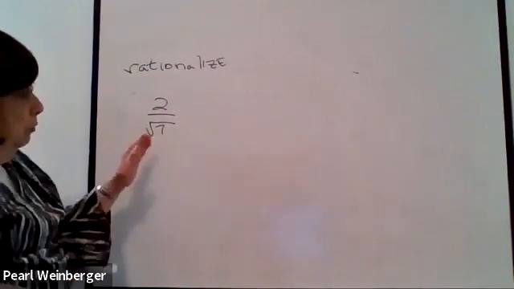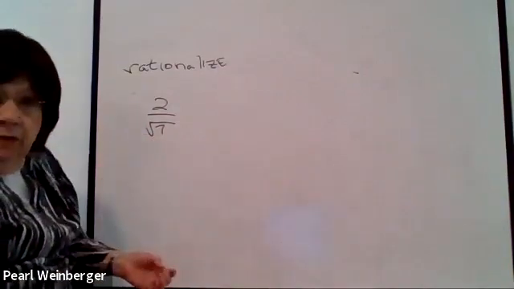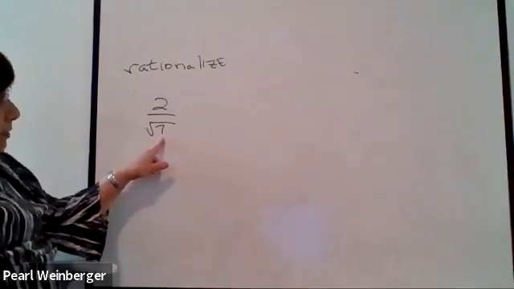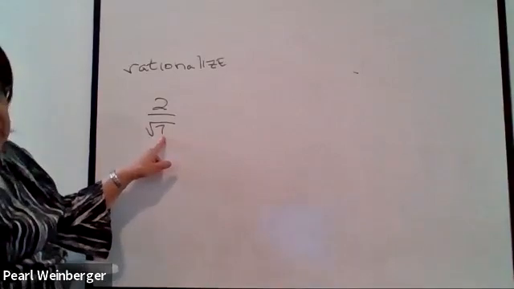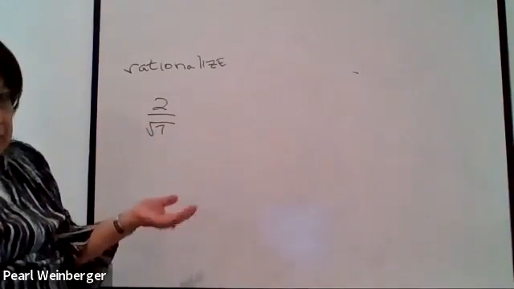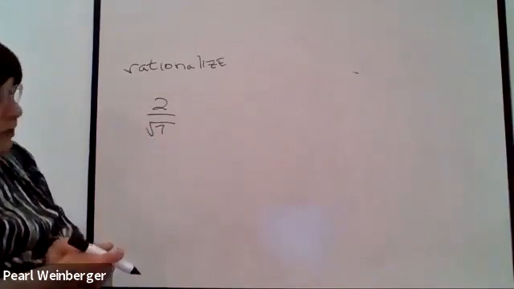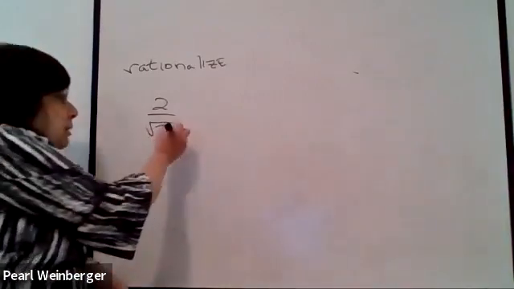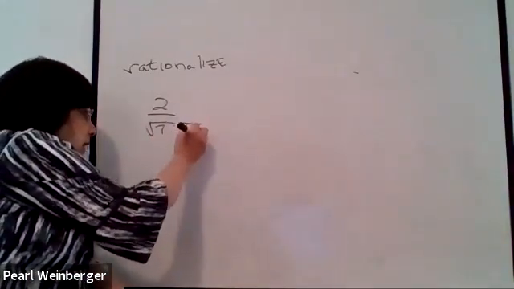Now, what should I do with this? You can just multiply it by the denominator, basically, on both numerator and denominator. Right. I look at my denominator. I can't simplify it any further. The 7 I can't get down to less, but it's still a radical. So I multiply by radical 7.